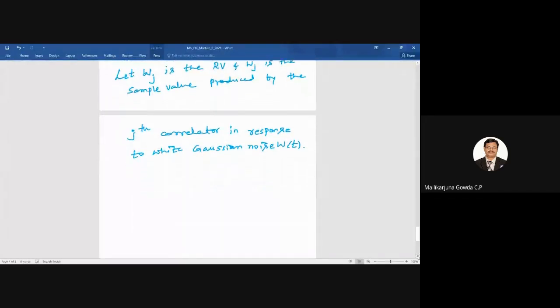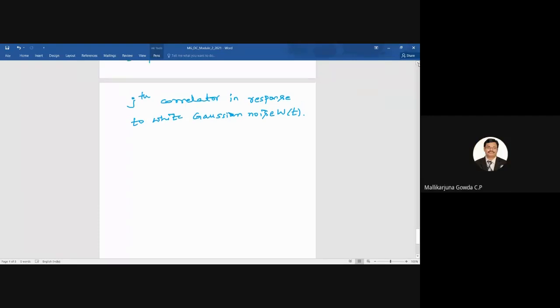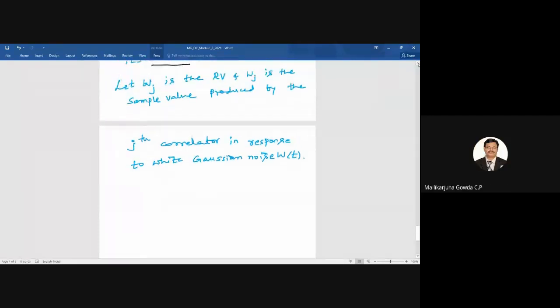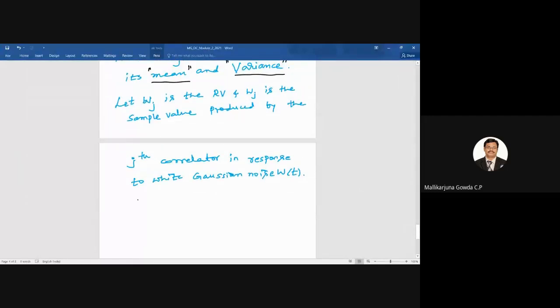That is due to the white Gaussian noise, right? Similar to this, as I said, xj is characterized by its mean and variance.